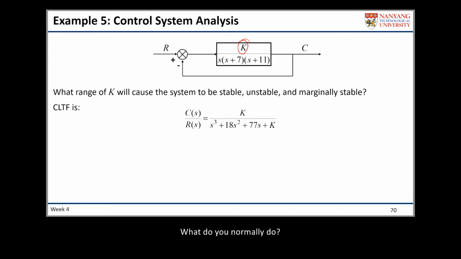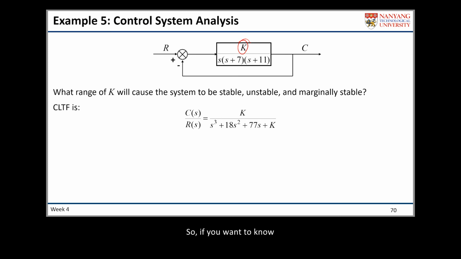What you normally do, you lower the gain of your amplifier to get back to the stable region. So that's an illustration of tuning the gain in your system. If you put the volume gain in your sound system too high, then you will get an unstable system, which is characterized by the whistling sound that you normally hear in your sound system.